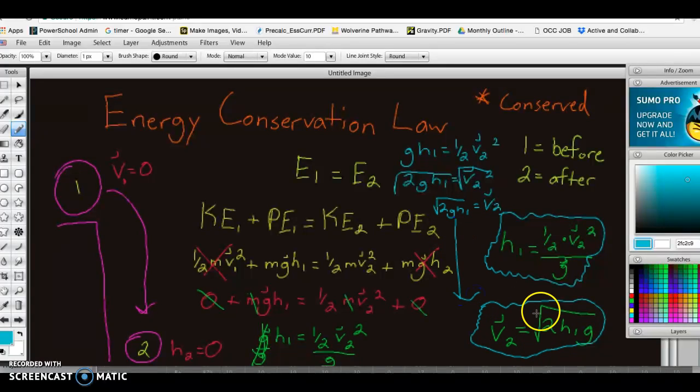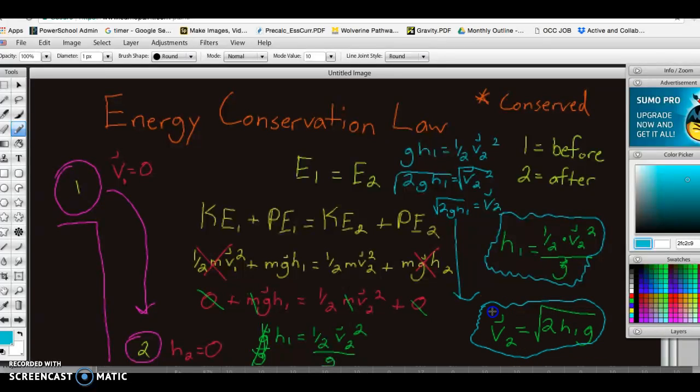So what these two equations say is that if I have the velocity after, V2, and the acceleration due to gravity, I can figure out how high that object was if it fell. This equation says if I know the height and the G, I can figure out how fast it is.